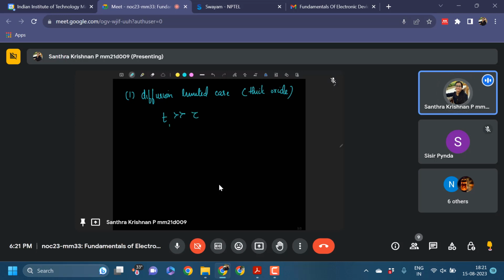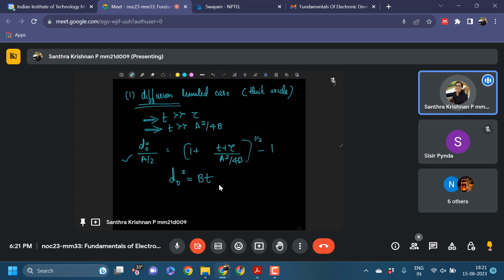Also, T is very much greater than A square by 4B. Taking these two assumptions into consideration, the equation D0 by (A by 2) is equal to [1 plus (T plus tau) by (A square by 4B)] the whole power half minus 1 will be reduced to D0 square is equal to B into T. That is the equation in case of diffusion limited cases.